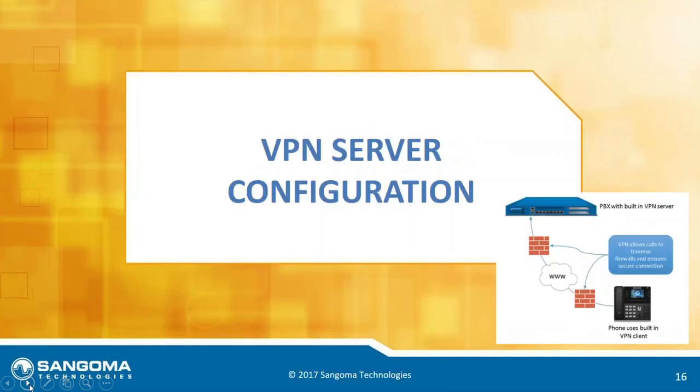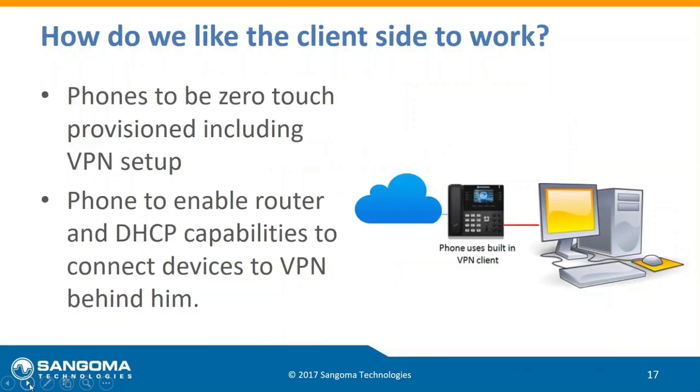So let's explain how it works and how it needs to be configured. For the VPN server configuration, one of our goals is to still allow zero-touch provisioning, including the VPN setup.